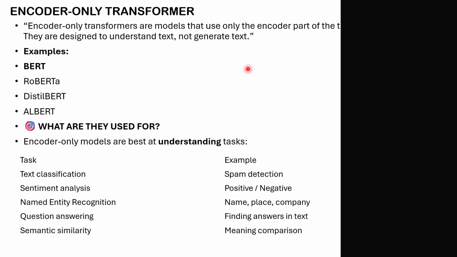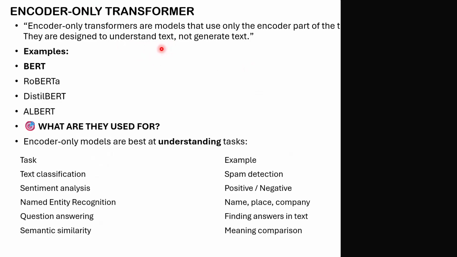So what does understanding text mean? It means finding the meaning, understanding the content, and knowing the relationship between the words.